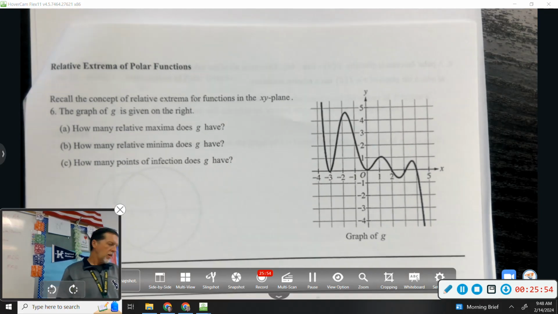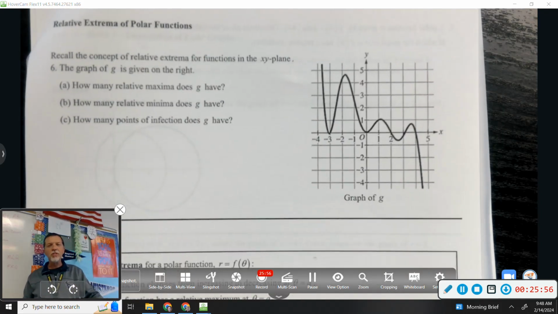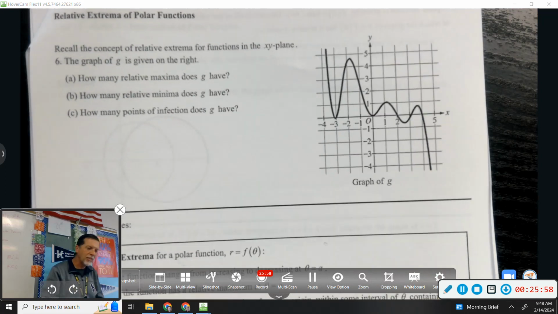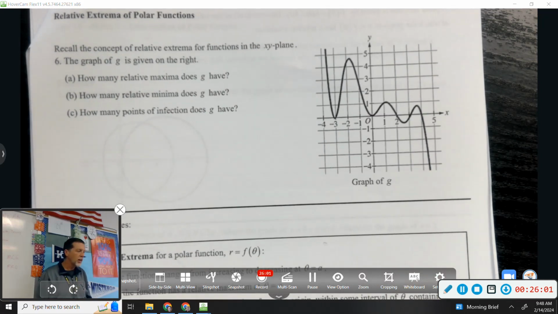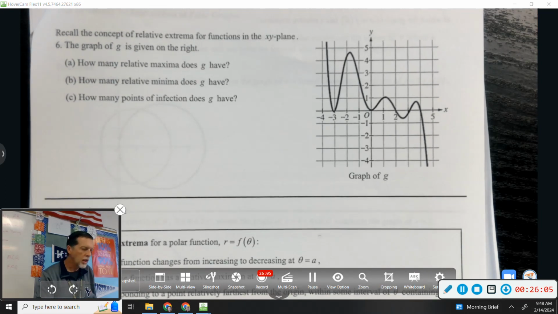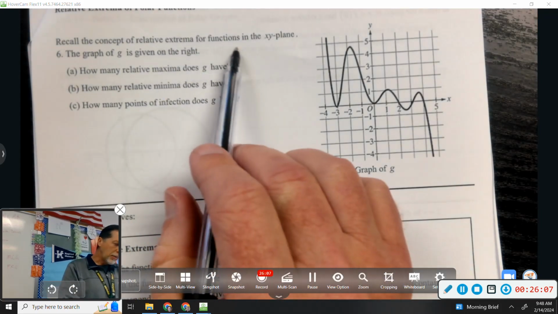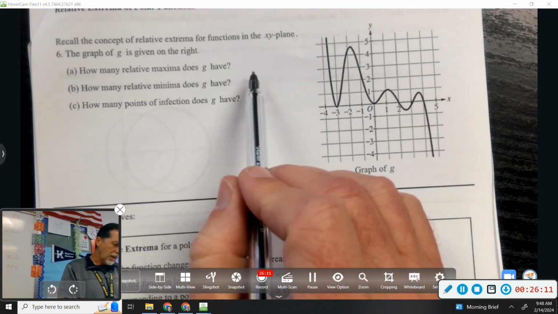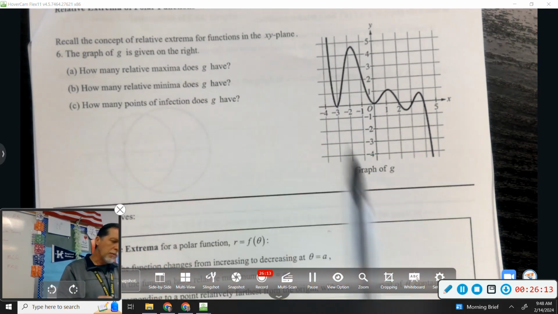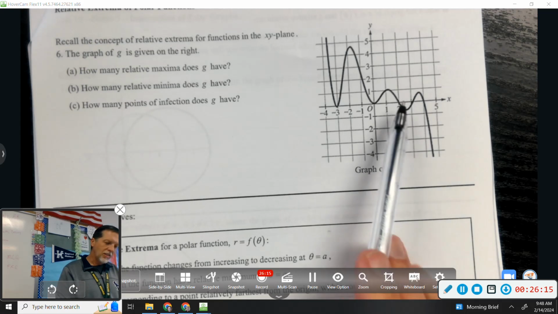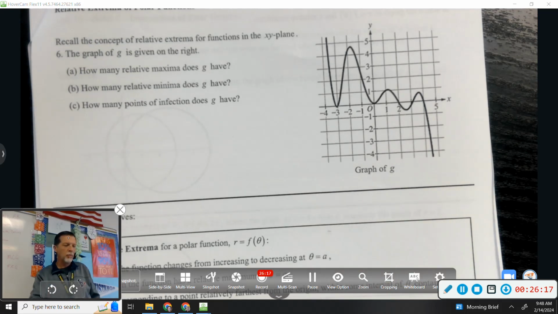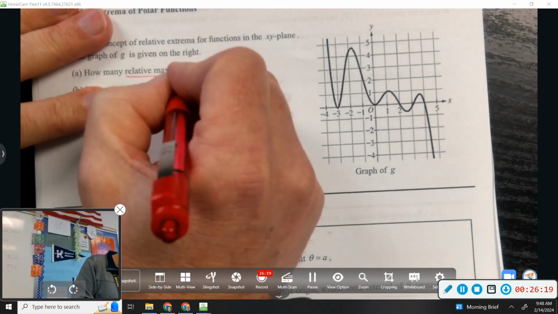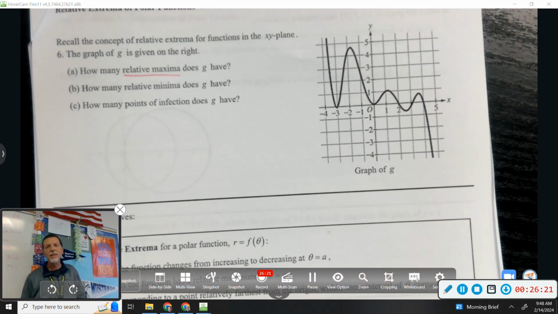Okay, relative extrema. And again, we'll start with an XY graph because that's pretty easy to do. Recall the concept of relative extrema from an XY plane. So how many relative maximums does this graph have? Back to an easy question here. 3.